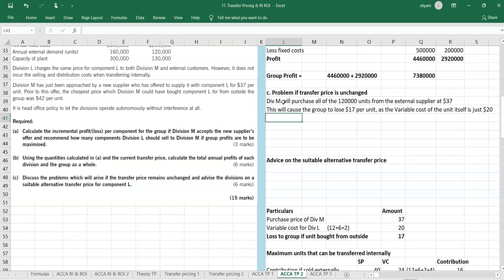In terms of units, you can also put the total loss if bought from outside. You can just multiply it and show 1,20,000 into 17. That would be the loss. So let's check how much is that amount.